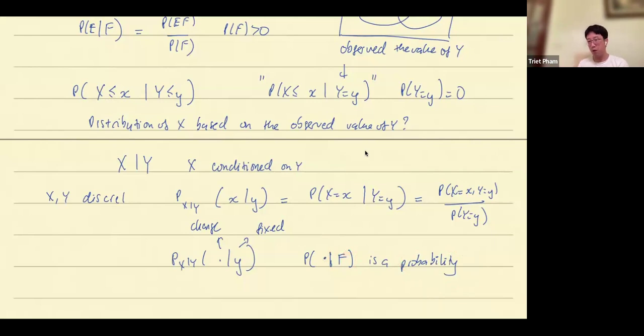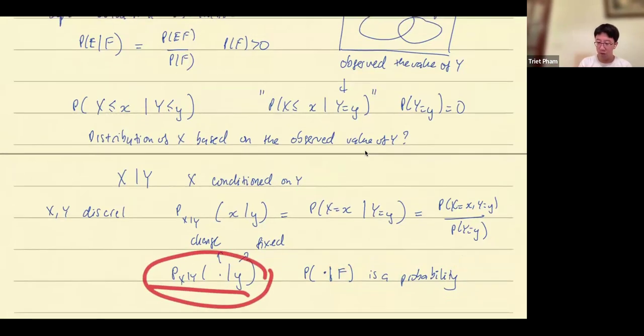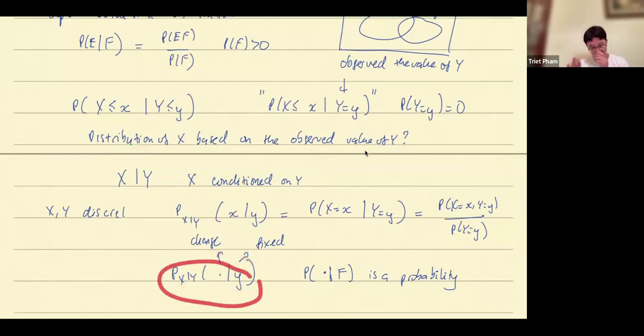All rules of probability apply to it. Therefore, going back to this context, this is a distribution because it behaves like a probability. So this thing is literally the distribution of x based on the observed value.